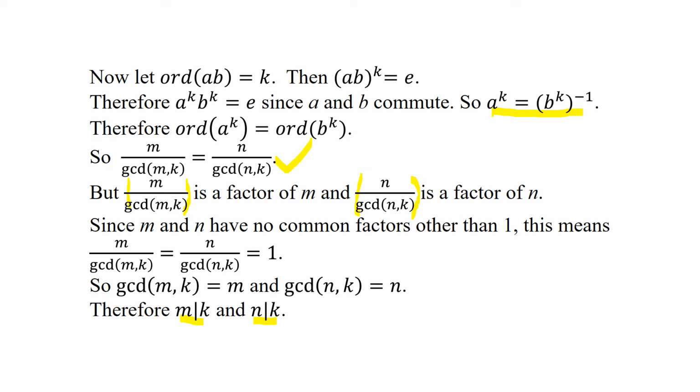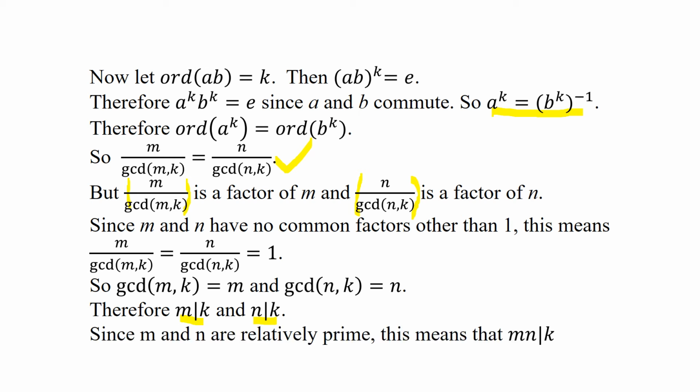In the situation when I have m and n relatively prime, their least common multiple is their product. So I know that if m divides k and n divides k, then the product mn divides k. Again, because they are relatively prime, I can conclude this. In general, the best I could say is that their least common multiple is a factor.